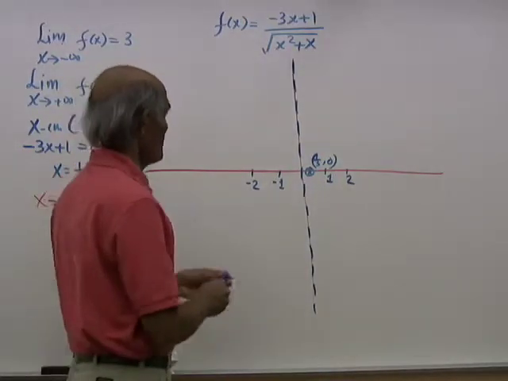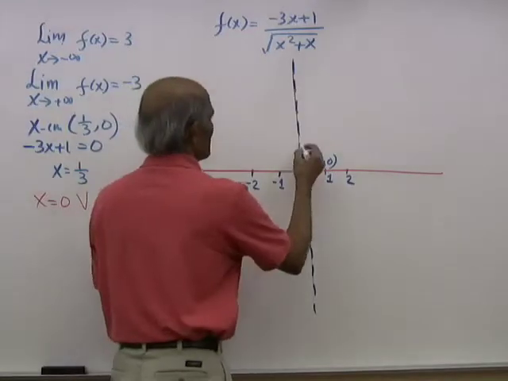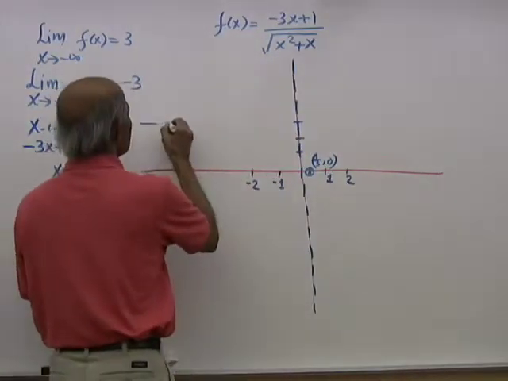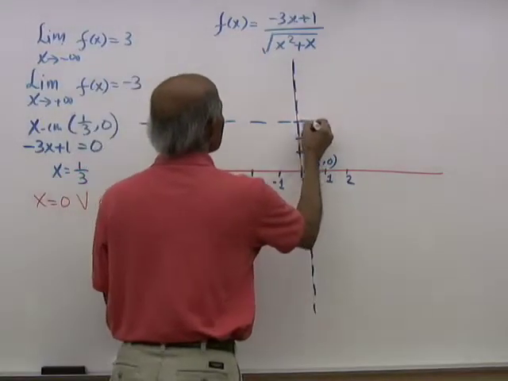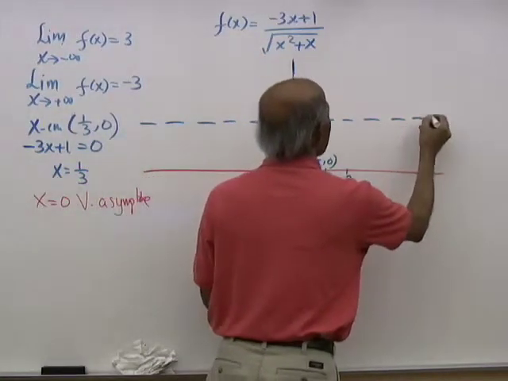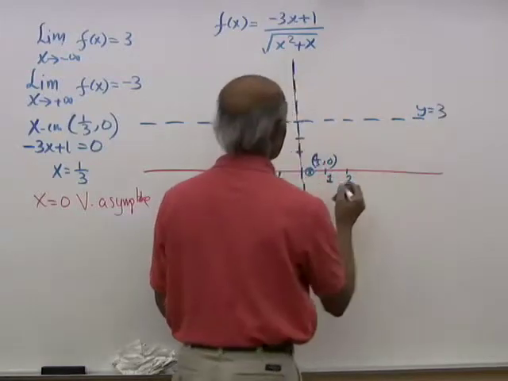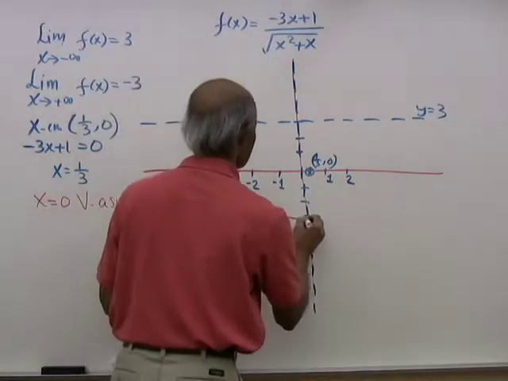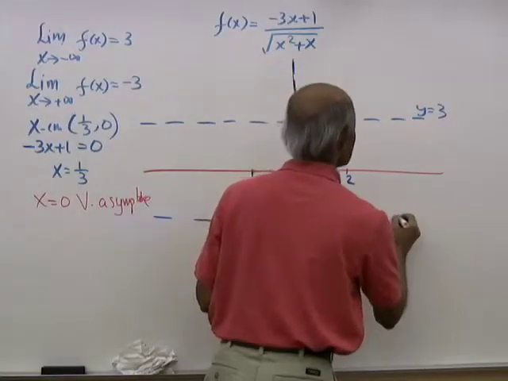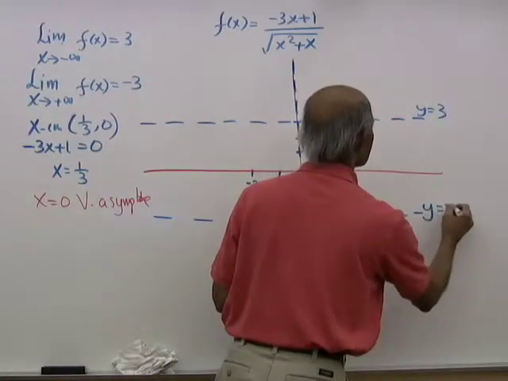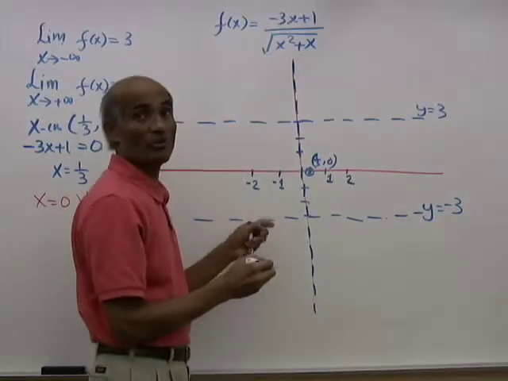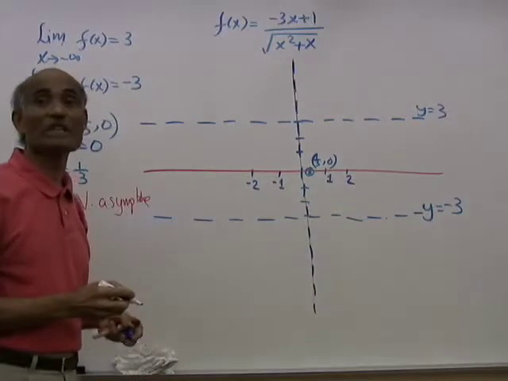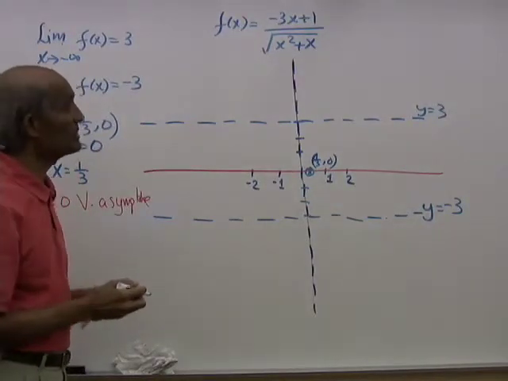Well, and therefore, let's see. Now, y equal to 1, 2, 3. This is a horizontal asymptote. Y equal to 3. Similarly, y equal to negative 3 is a horizontal asymptote.